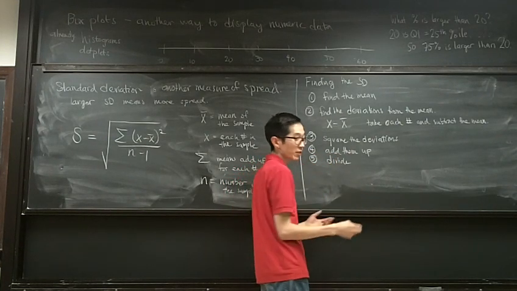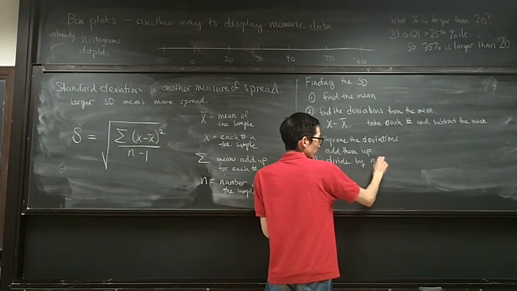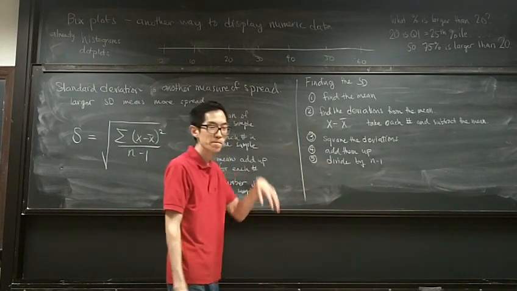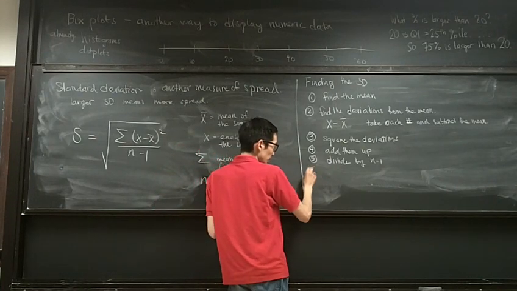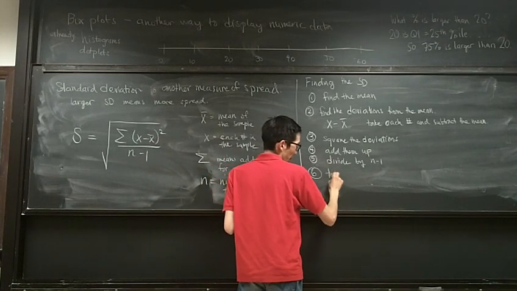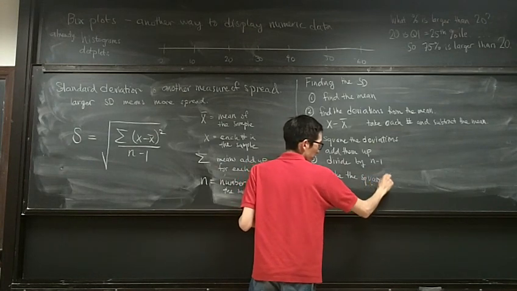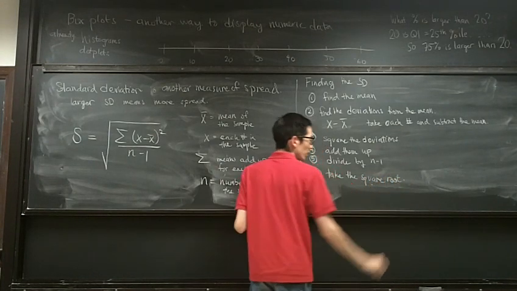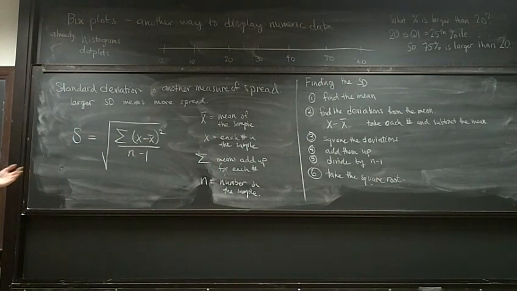If I took the average, I would divide by n. But here I'm doing something a little bit funny. I divide by n minus 1. But don't worry about that. And then we take the square root. These are the steps that you do to find the standard deviation.